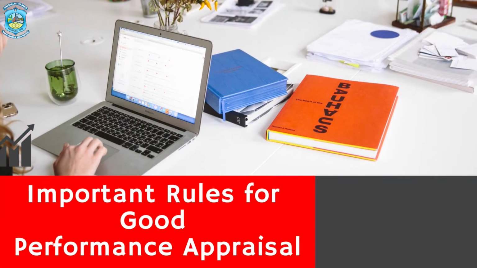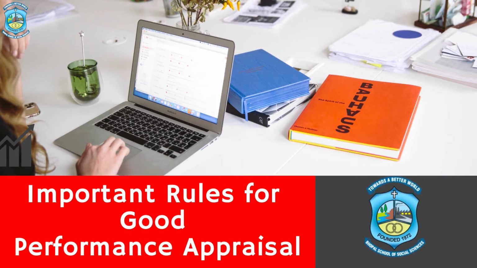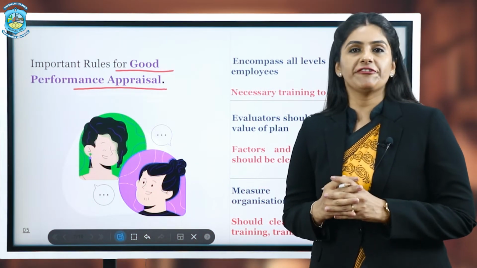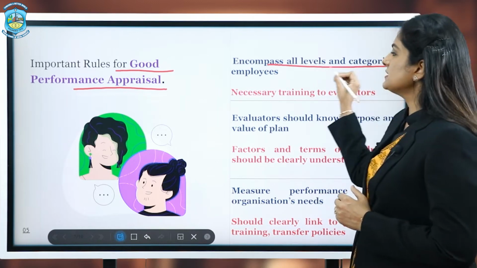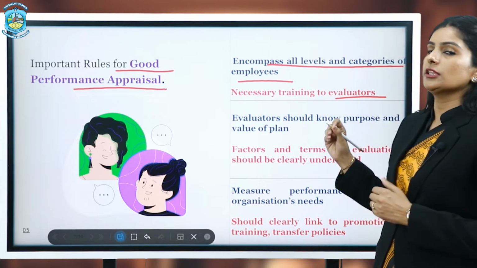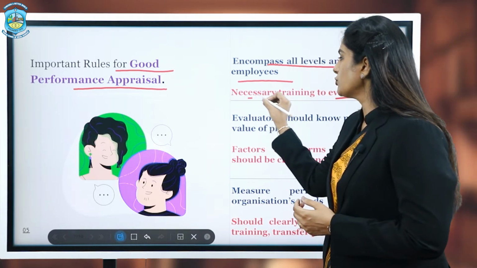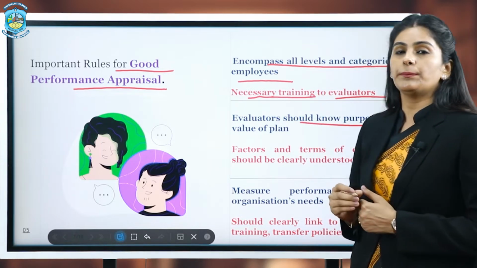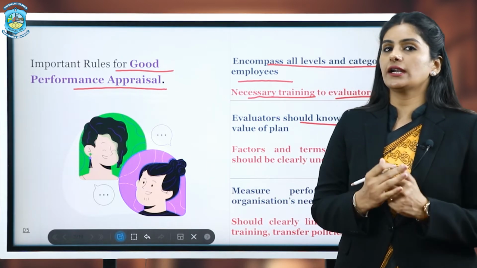Let's understand the important rules which are required for a good performance appraisal system in an organization. For any performance appraisal to be effective, it should encompass all the levels and categories of employees. The evaluators, the ones involved in doing the performance appraisal, should be given proper training. Also, the evaluators should know the purpose and value of the plan for which the appraisals are done.